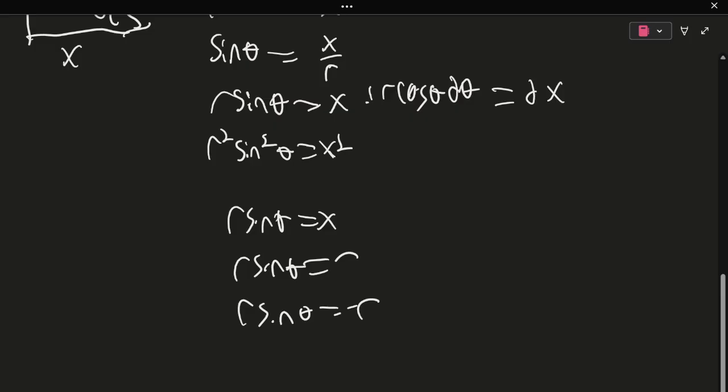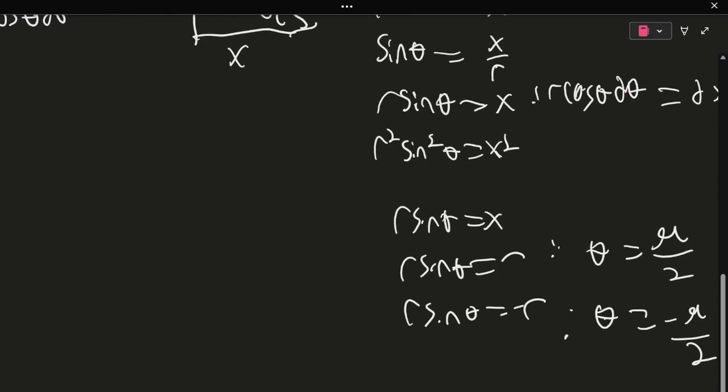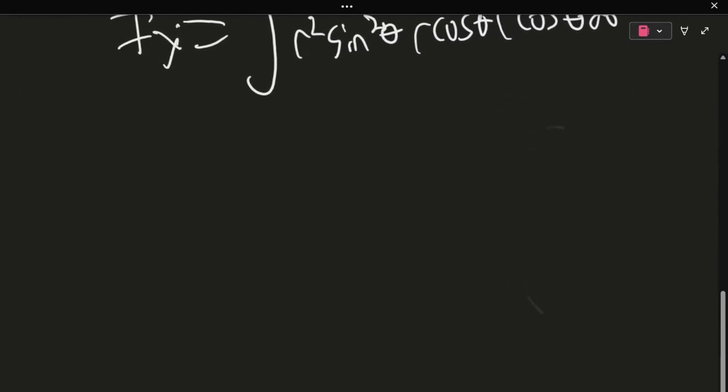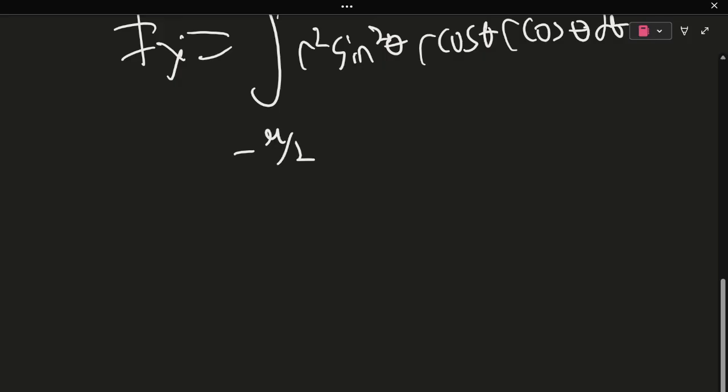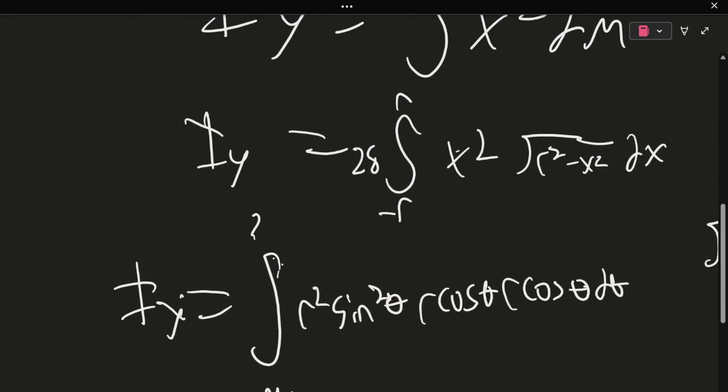For this, we're going to have theta is equal to pi over 2. Sine of pi over 2 is 1, and 1 times r is positive r. Then for this one, we're going to have theta is equal to negative pi over 2. Sine of negative pi over 2 is negative 1, and negative 1 times r is equal to negative r. So those work for our bounds of integration, negative pi over 2 to pi over 2.